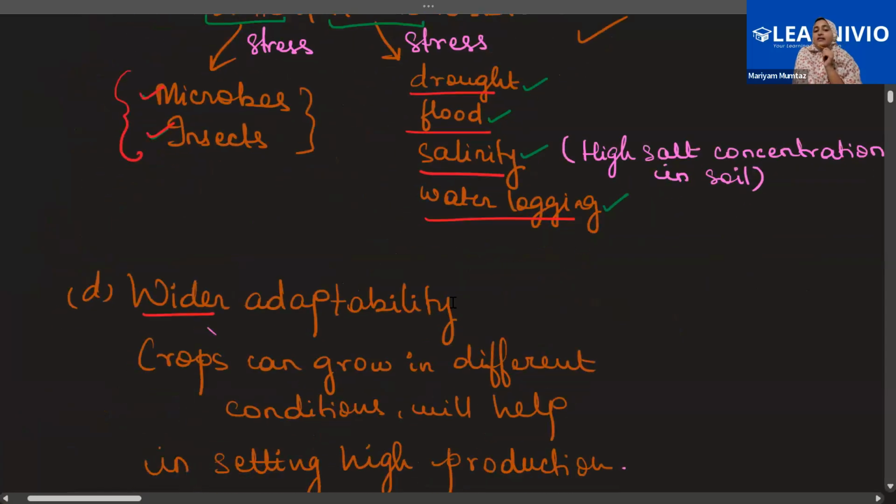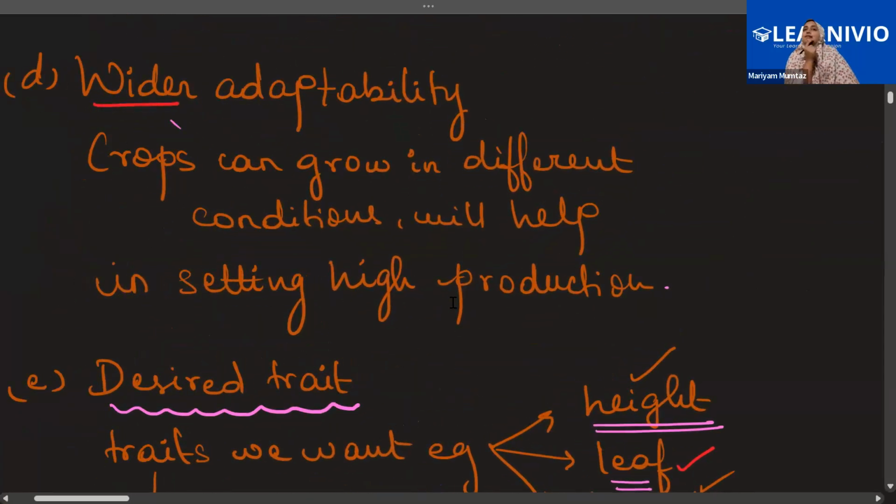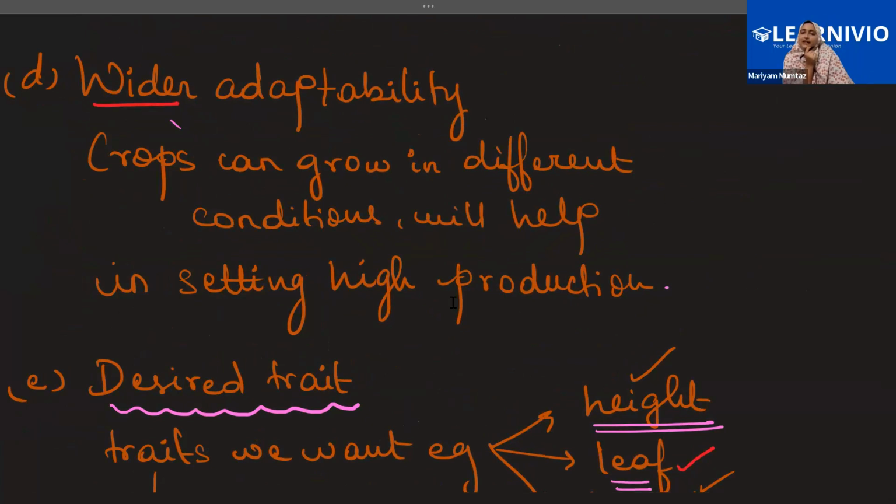Then for a wider adaptability. Now, adaptability: you know that there are certain plants that can grow well in one area and cannot grow well in the other area, because every plant has its own requirement of the soil, water, weather condition, air, and everything, right?